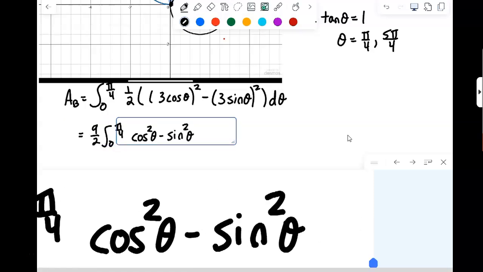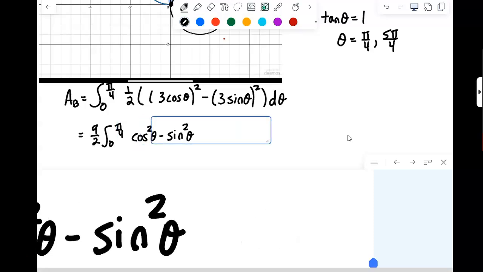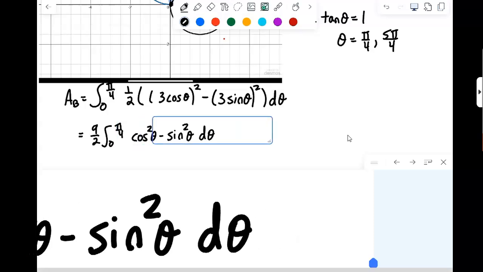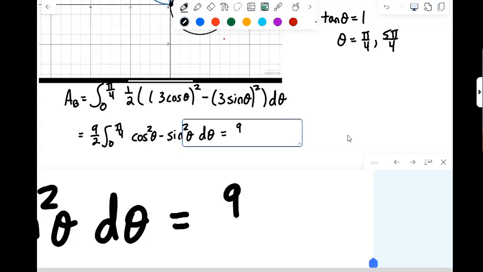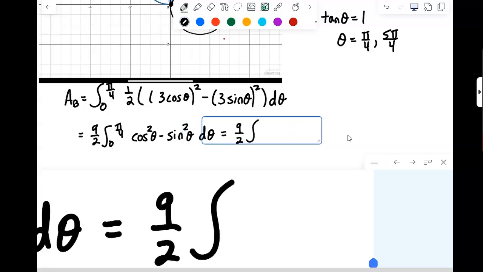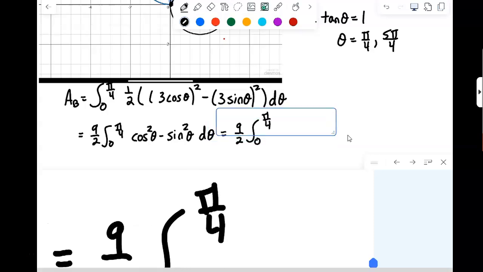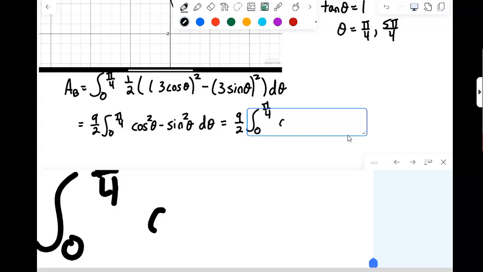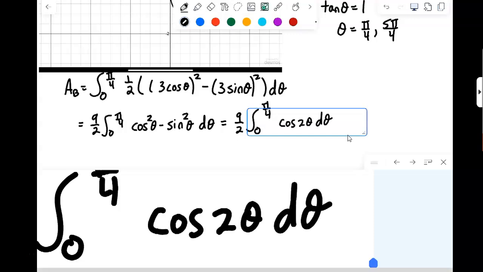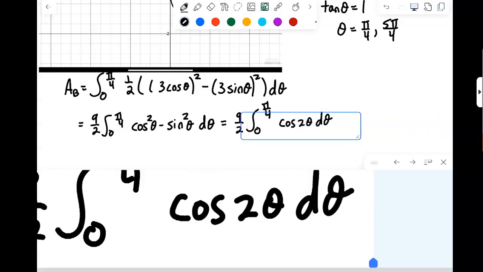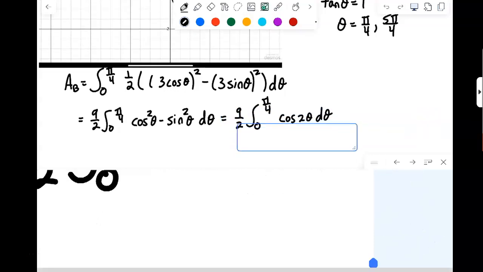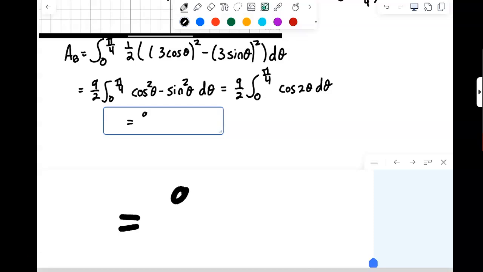Now we could pull in those two identities for cosine squared and sine squared, or to make life a little easier, we can leverage the fact that cosine squared minus sine squared is just an identity for cosine of 2 theta d theta. And then we can carry that through. We would need a 2 to go with the d theta, so I'm going to put that out front, and that's just going to make that 9/4.